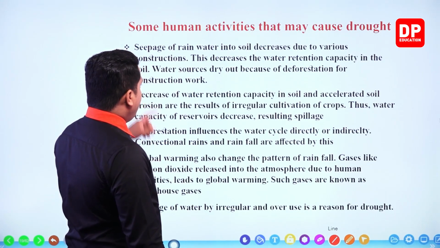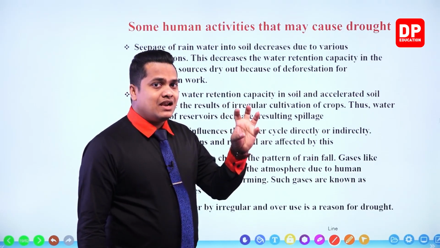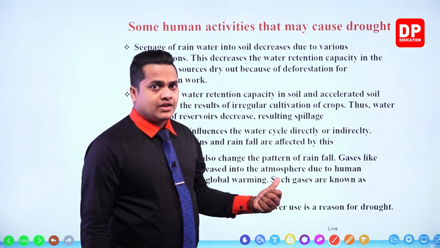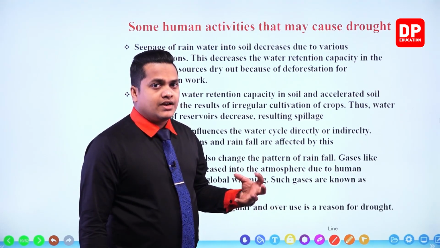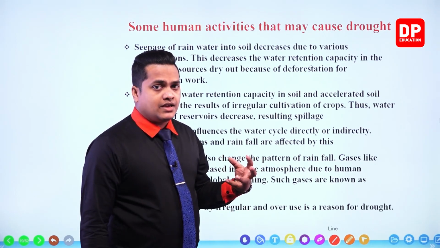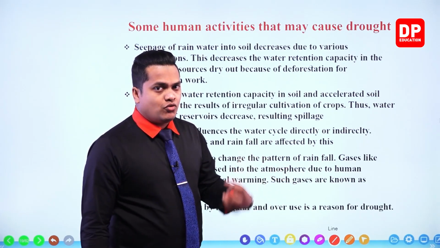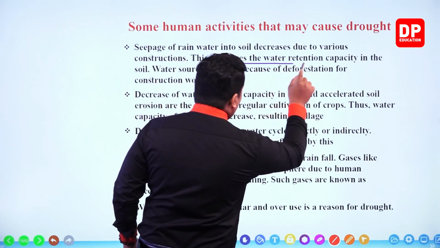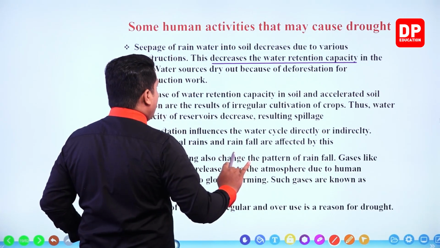When you take our soil, I told you that there should be a certain level of water retained within the soil. If there is not that much water retained in the soil, there are several bad effects which are going to occur. One thing, my dear children, is that it decreases the water retention capacity in the soil. Therefore, what will happen?